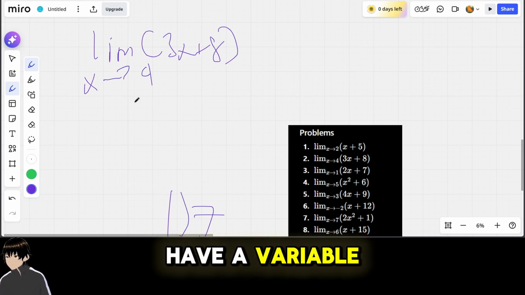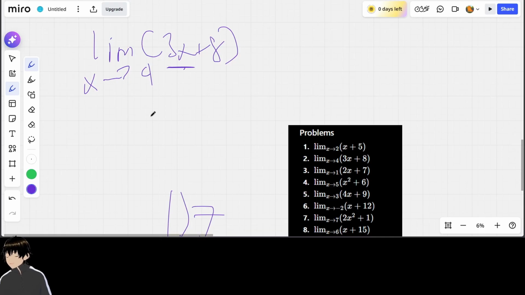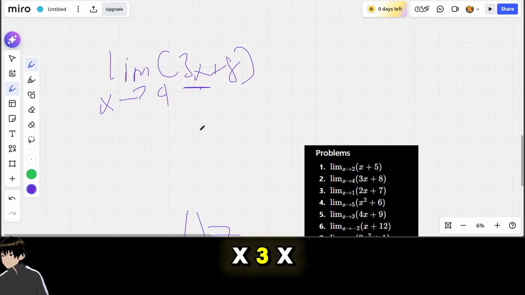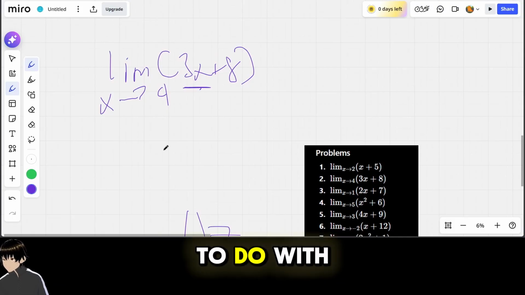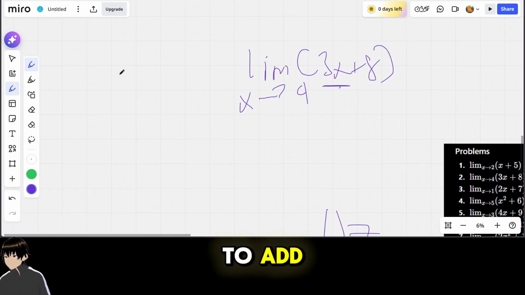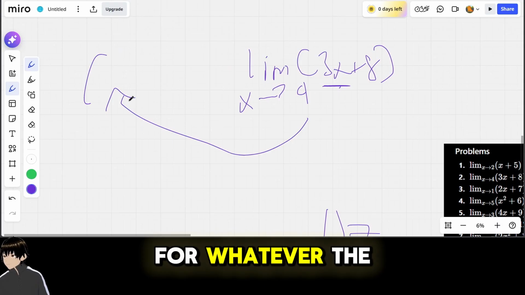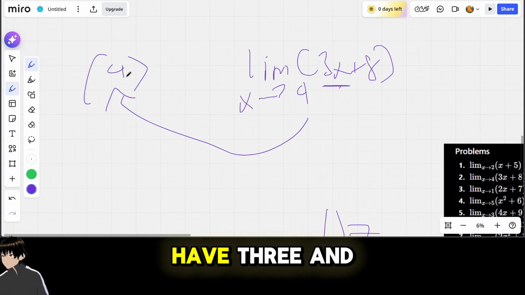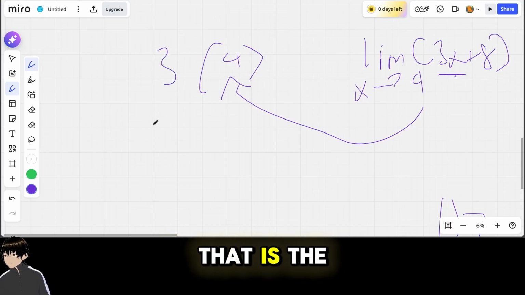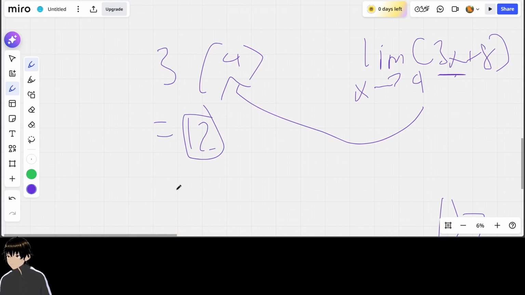Since we have a variable and a constant, we have a monomial here, 3x. What we're going to do with the x is substitute the x for whatever the a is. So you're going to have 3 and 4. 3 times 4 is going to be 12. That is the constant multiple rule in a nutshell.